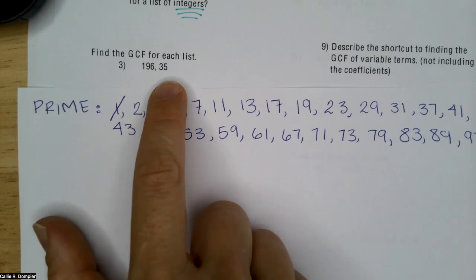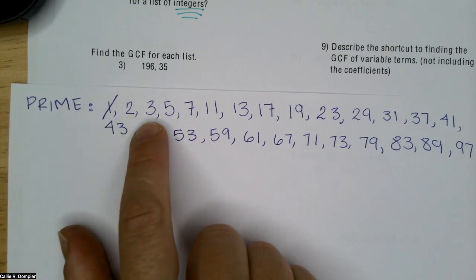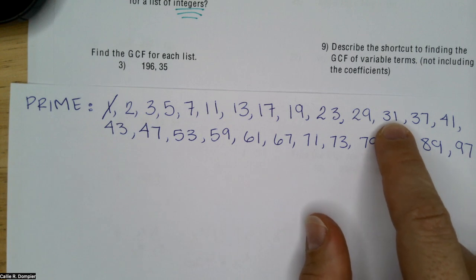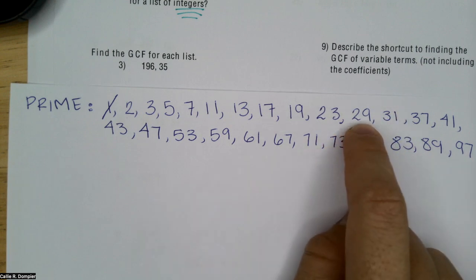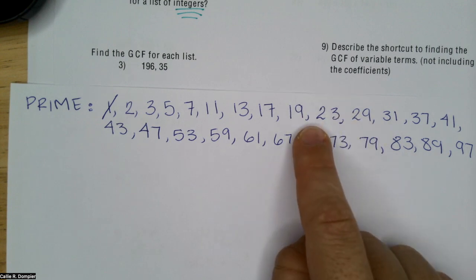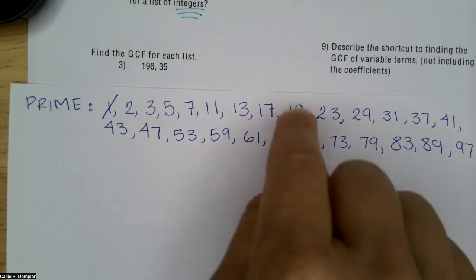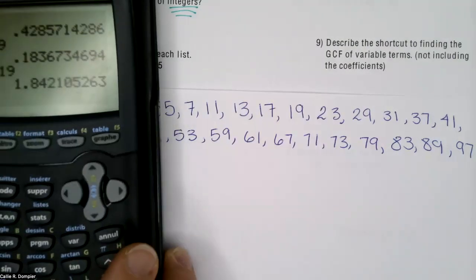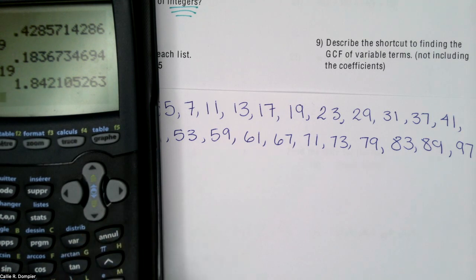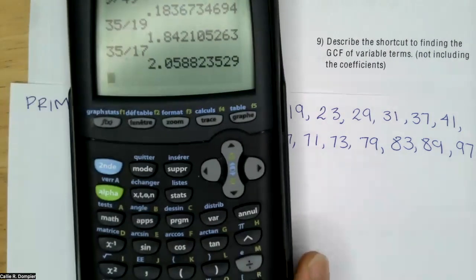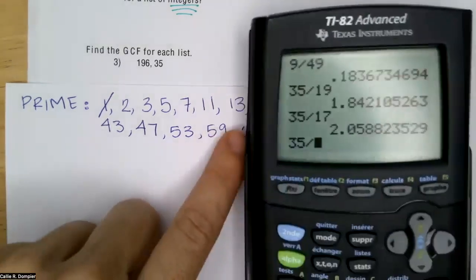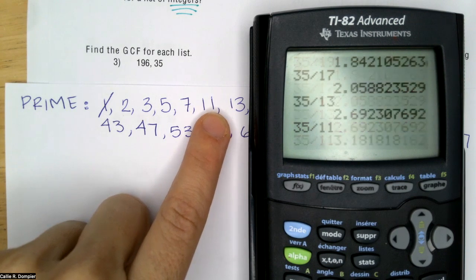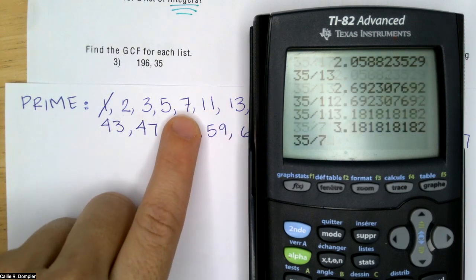So let's do 35 first. If I look at my list of prime numbers, 35 divided by 31 is not going to be possible. 35 divided by 29, no, we need something half the size of 35. 35 divided by 23, I don't think so. 35 divided by 19, no. 35 divided by 17, no. 35 divided by 13, 35 divided by 11, 35 divided by 7.